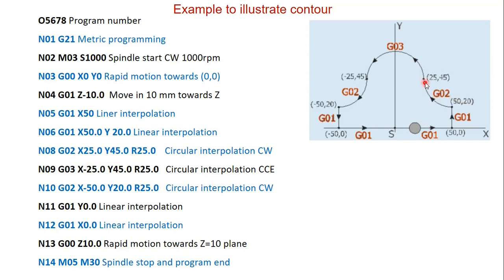Okay, then once I reach here, again I have to check the endpoint. Endpoint is this, minus 25, 45, again counterclockwise direction at a radius of 25. So same, G03 with minus 25 endpoint and the radius.